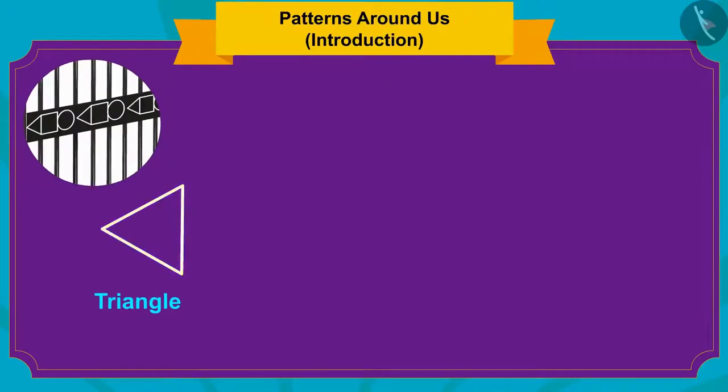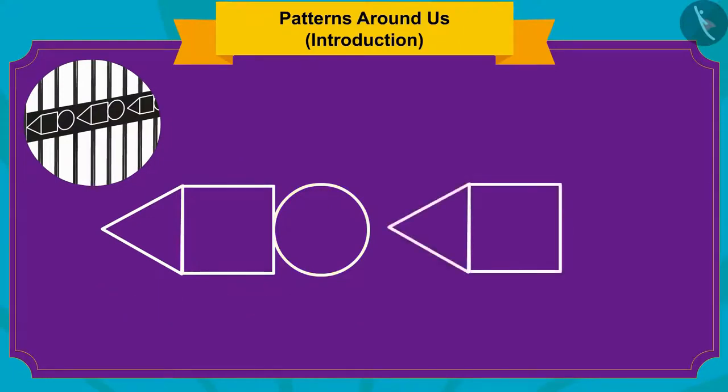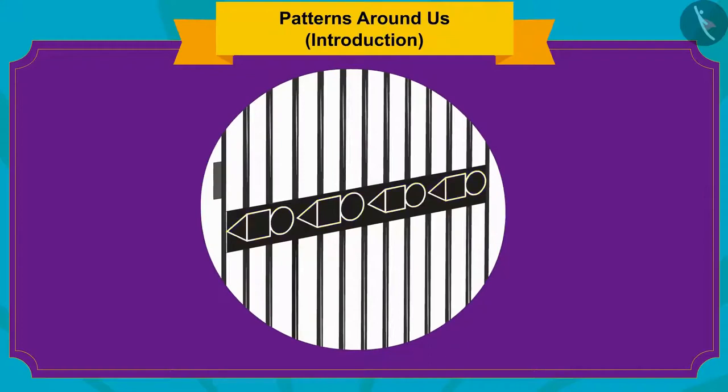Then after that, one square is formed. And finally, a circle shape is formed. After the circle, the three shapes are repeated once again in the same order. In this way, a pattern has been made using shapes in this gate.